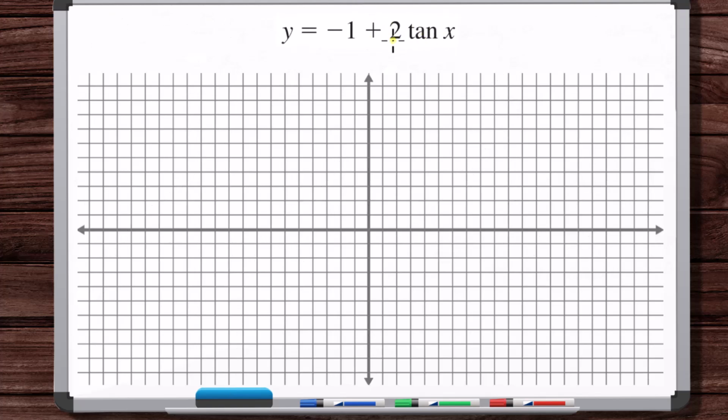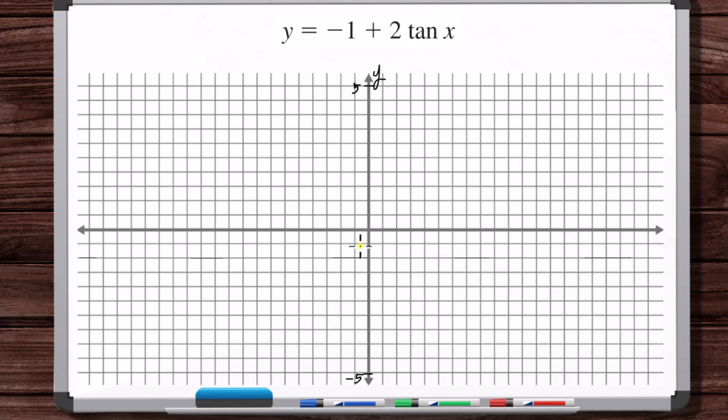Okay, here we're going to be shifting 2 tangent x down 1. So we can once again do 5 to minus 5. Why not go ahead and draw in the new x-axis now, at minus 1.